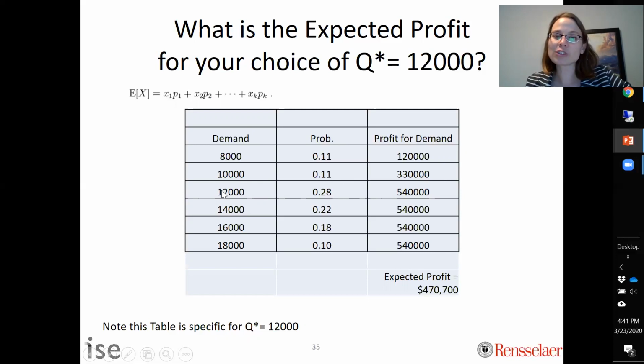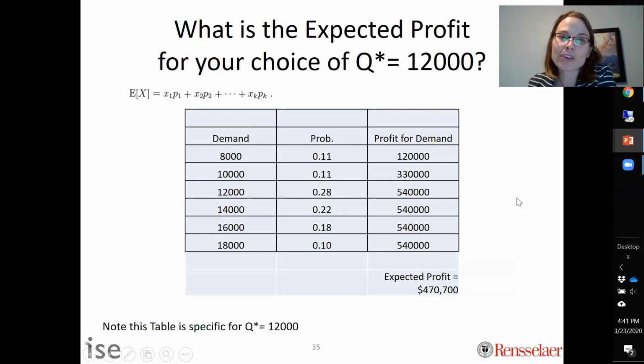One thing you note is once you hit 12,000, the same happens here. And that's because the profit that we make is limited at the inventory. And so we make 12,000, we sell only 12,000. And so this is the same value for profit.